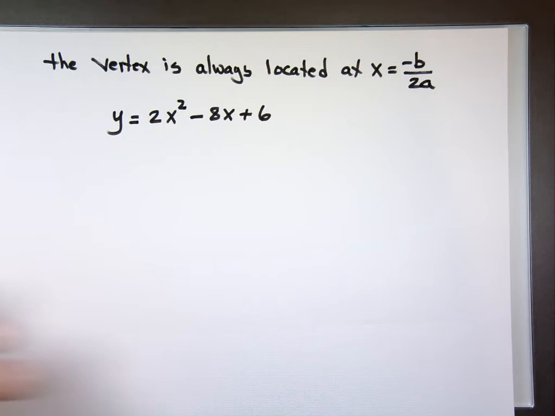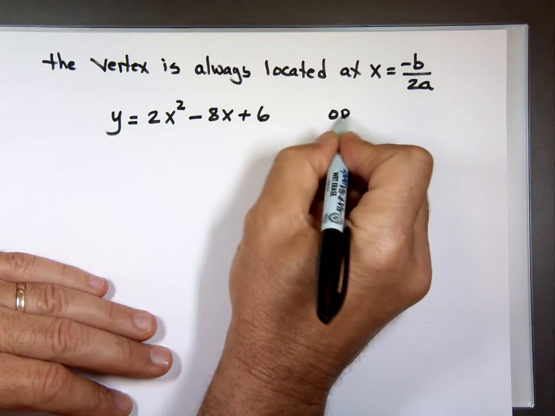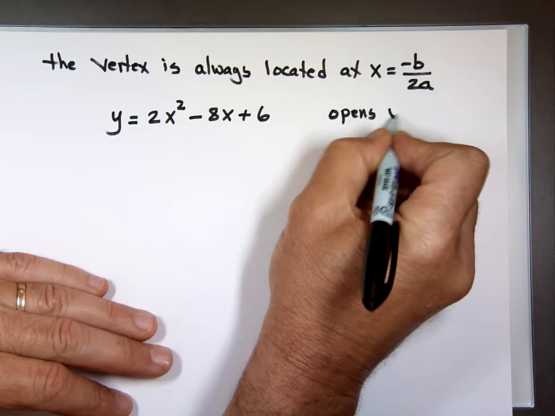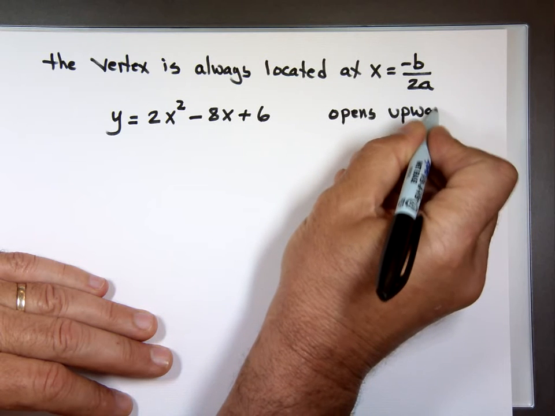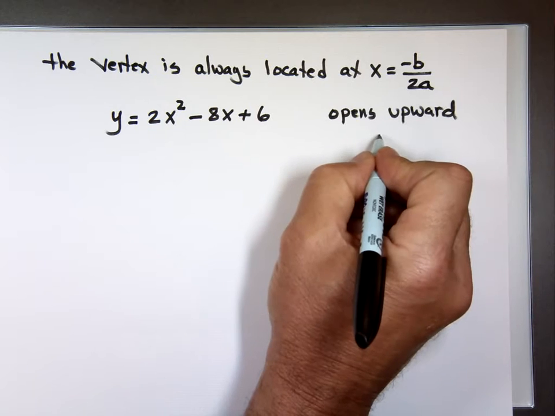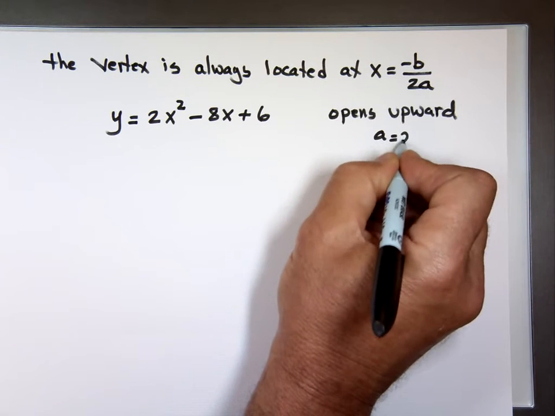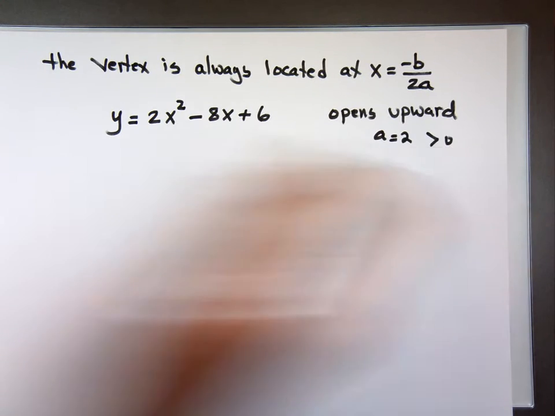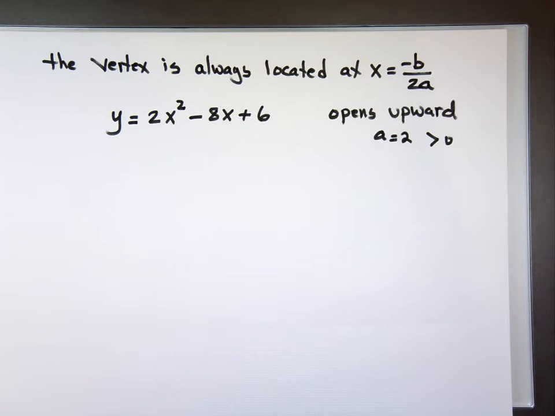Upward. Why upward? Smiley face. Why is it a smiley face? Because a is equal to 2, which is greater than 0. If a is bigger than 0, it's going to open upward.